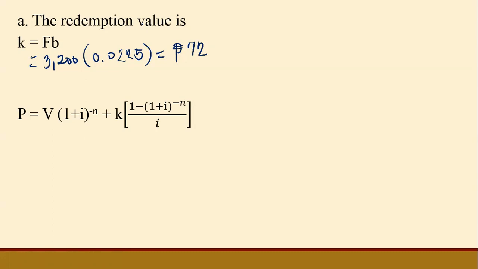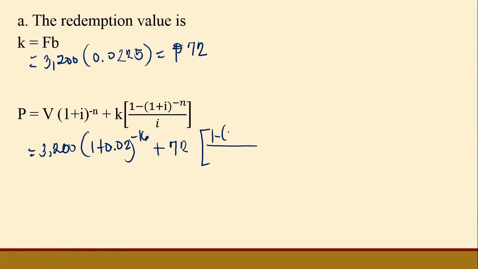And then we have the price of the bond. So using this formula, just substitute lang natin: 3,200 times 1 plus 0.02 raised to negative 16 plus yung coupon payment na 72 yung nakuha natin, times 1 minus 1 plus 0.02 raised to negative 16 over 0.02.